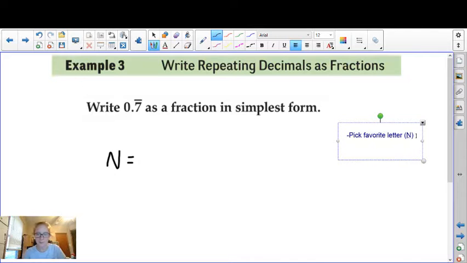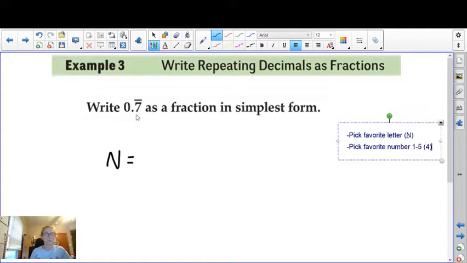back up. So I pick my favorite letter, and then I need to pick favorite number 1 to 5. I'm going to pick 4. Now, that 4 stands for how many variations of my repeating digit. Now, a digit is a single number, so in this case, my digit here is 7.